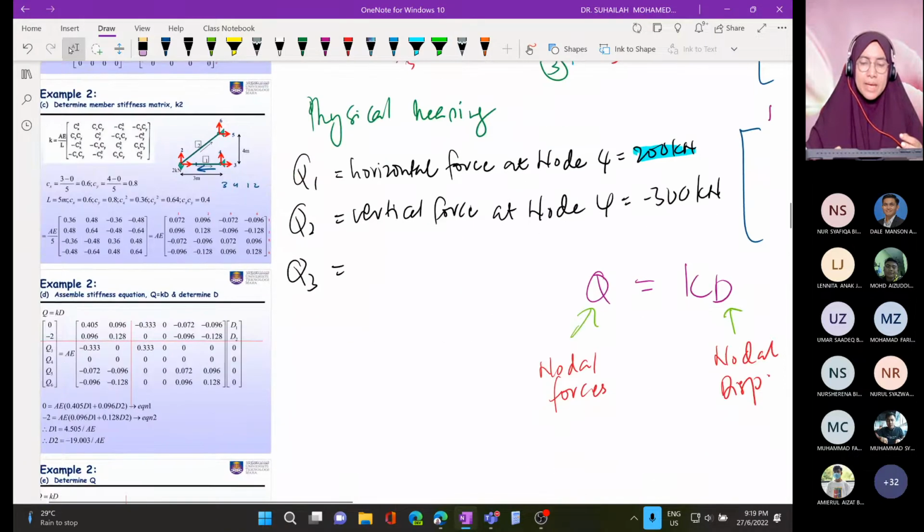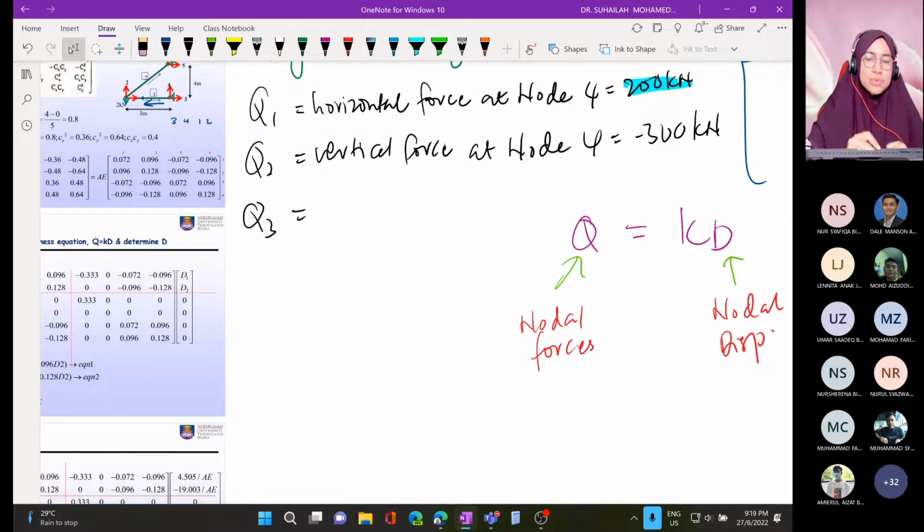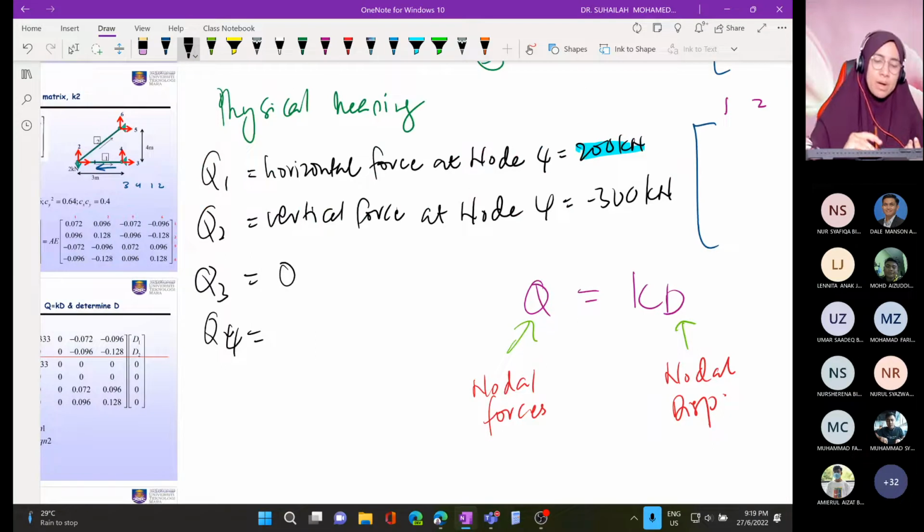So for Q3 until Q8, we get 0, so no need to write, it is 0. Q4 is a vertical force at node number 3. It is also 0. Unknown. This is unknown.